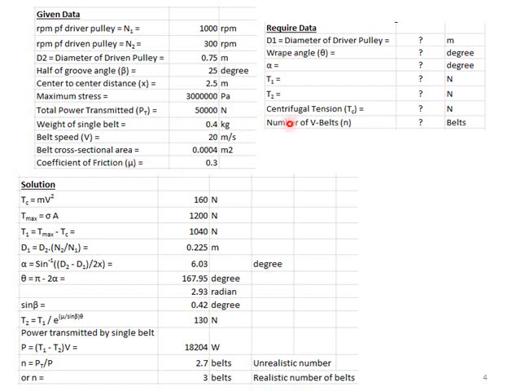What is the required data? The basic required data is the number of V belts that we have to find out, but there are so many other terms that we have to first find.